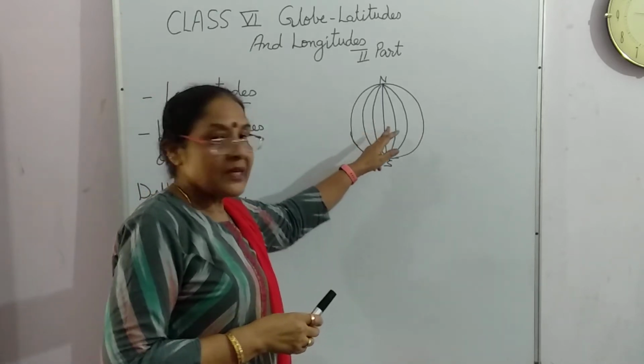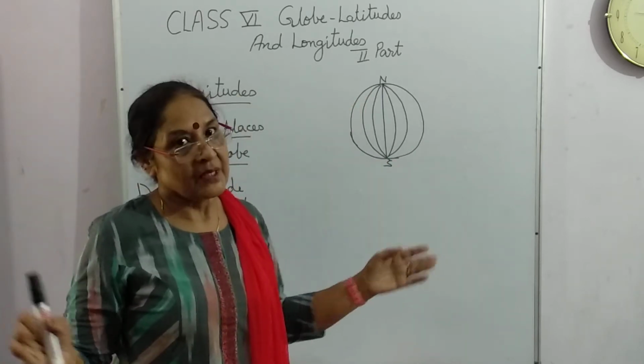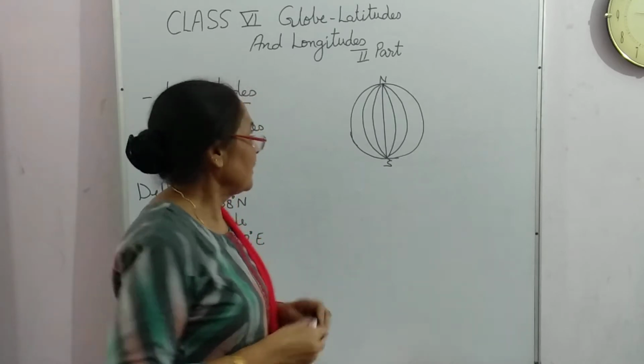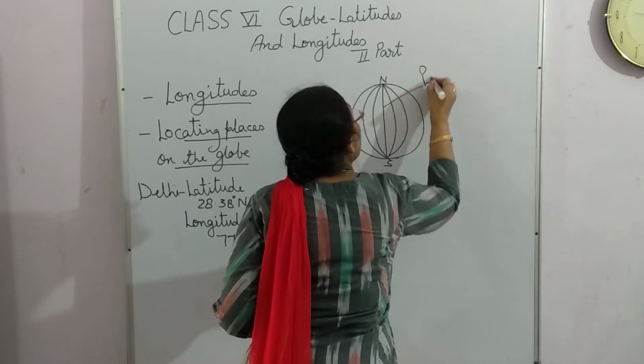Longitudes are the angular distance of a place east or west of the prime meridian. Clear? And this is the prime meridian.